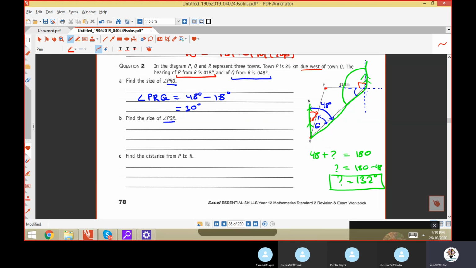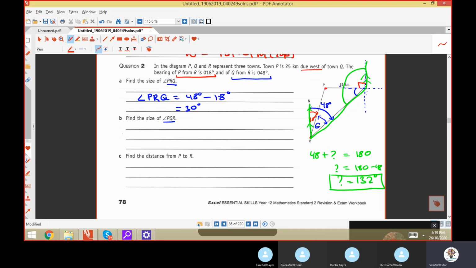We got 90 degrees there. So something plus 90 gives you 132. We can find that blue angle there. So we get 132 minus 90 gives you, oh my god, what value is that? 42 degrees, and that's the answer. I'm so happy. Do you get it? I do. Does anyone else get it?